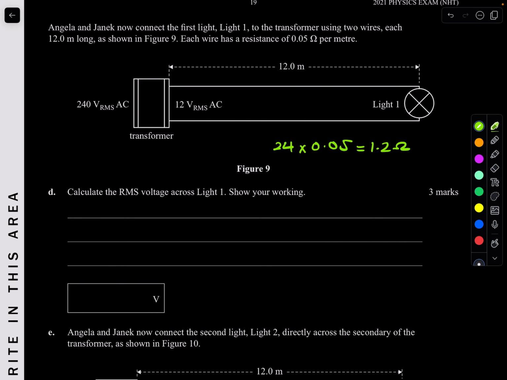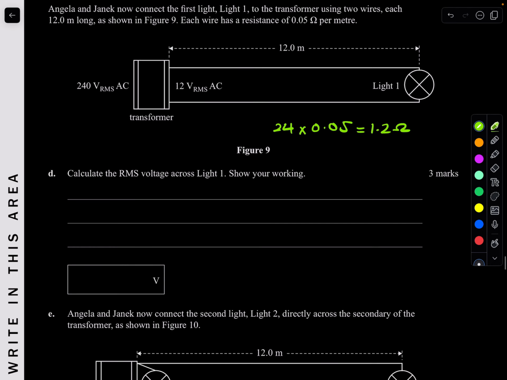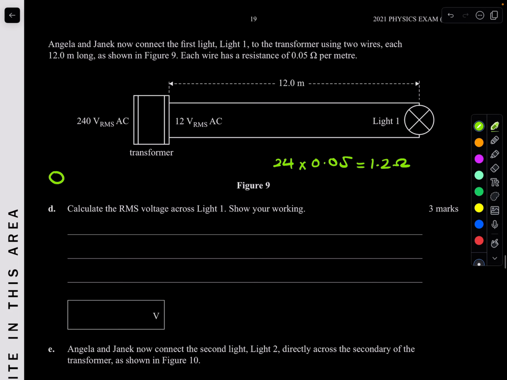All right. Calculate the RMS voltage across light 1, show your working out. I'm just going to simplify this whole circuit into a nice, very easy to understand circuit. So we have this voltage output that's coming, and we're going to have our transformer, our transmission lines, and also our globe.